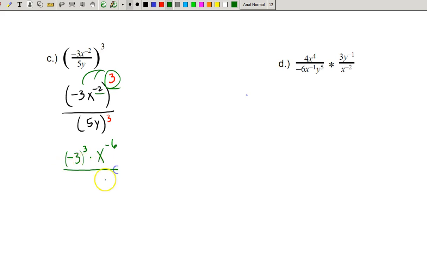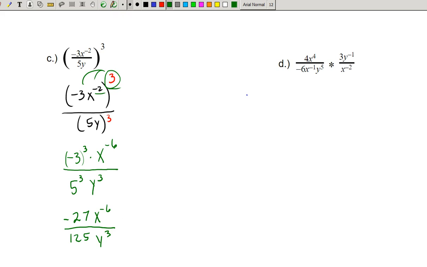And then on the bottom, we're going to have 5 cubed y cubed. So on the top here, we have negative 3 cubed. We can evaluate that, and that's going to give us negative 27. And we're going to have x to the negative 6 over 125 y cubed.